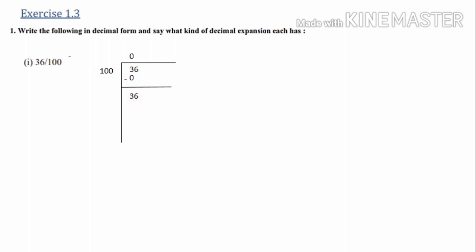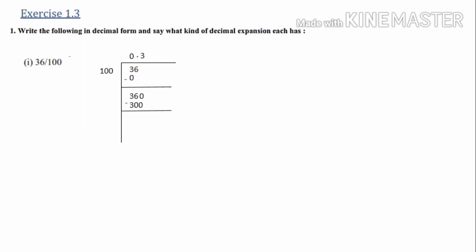Again, 36 is smaller than 100, which means you have to put a decimal point. Put a 0 along with 36, so it becomes 360. In 360, 100 will go 3 times. 3 times 100 is 300.